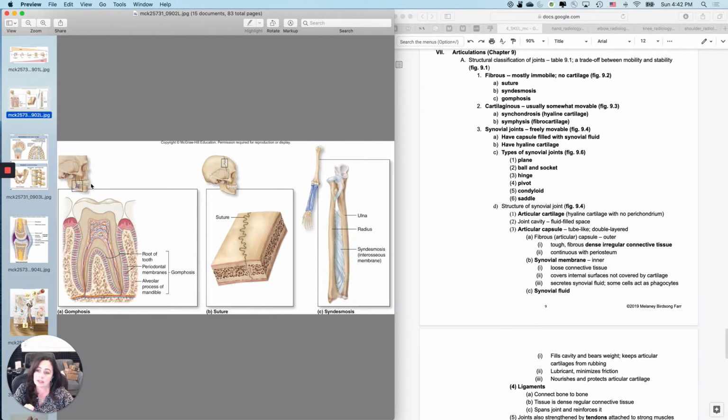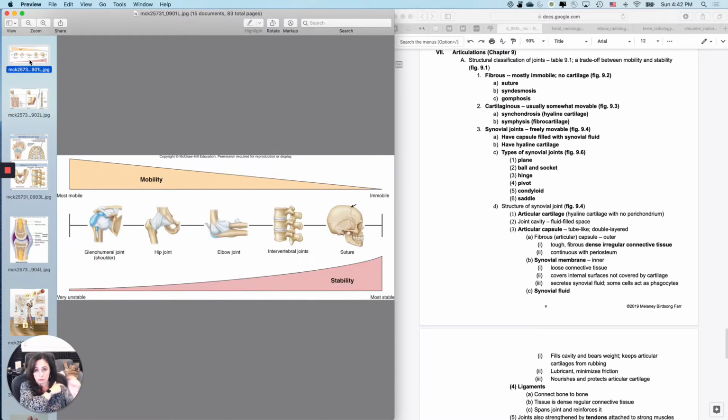The mobility that you get, for instance, with the glenohumeral joint, which is the shoulder, is in a bunch of planes. It can go anterior, posterior, lateral, medial, and a lot of things in between. That is really the most mobile joint in your body, and it's also the least stable and the most likely to be dislocated.